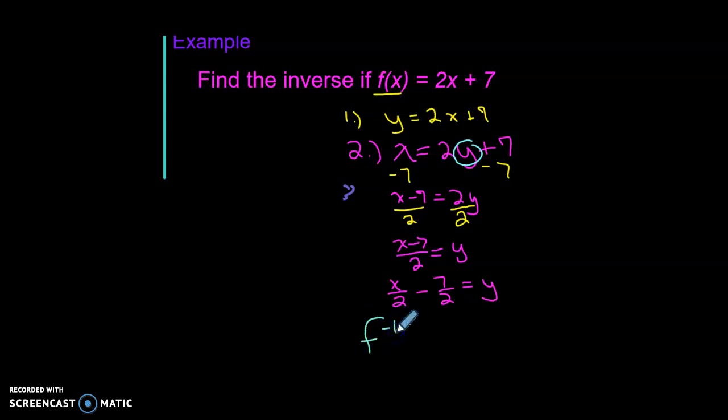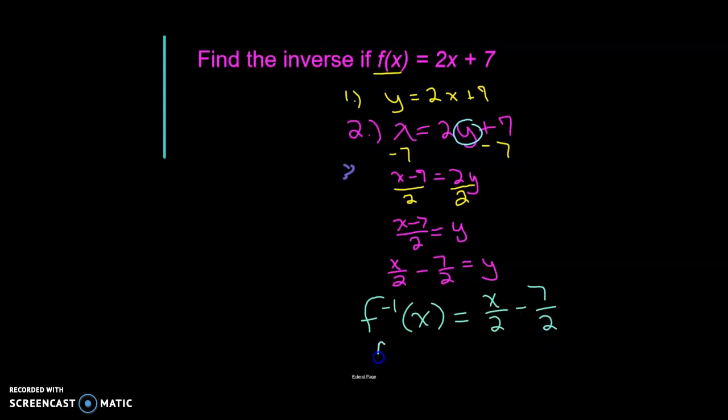So f of -1 of x is equal to x over 2 minus 7 over 2, or you can leave it as a single fraction, x minus 7 all over 2. Those are the inverse of the function 2x plus 7. You could write it either way.